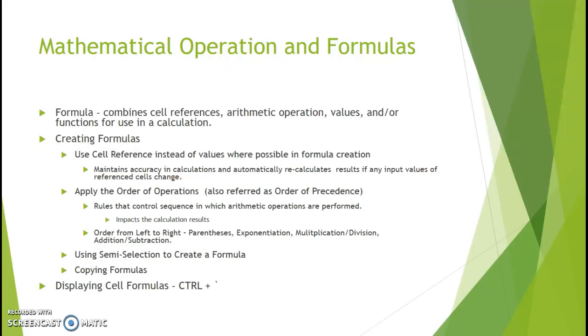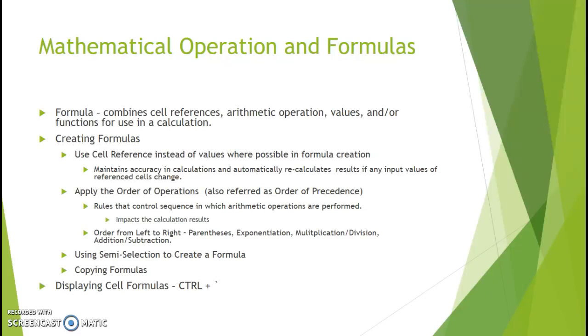One of the other things we'll look at in this video is the use of semi-selection to create a formula, as opposed to hand jamming it. It reduces the number of errors and improves your consistency and accuracy in formula creation. We'll also look at copying formulas, being able to apply formulas to other areas in the spreadsheet, again keeping intact those cell references for getting the correct calculation.